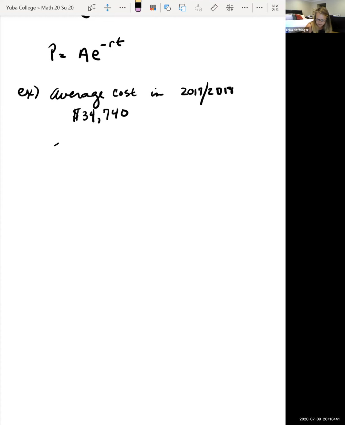This was an increase, or it's increasing at a rate of 3.6% per year.